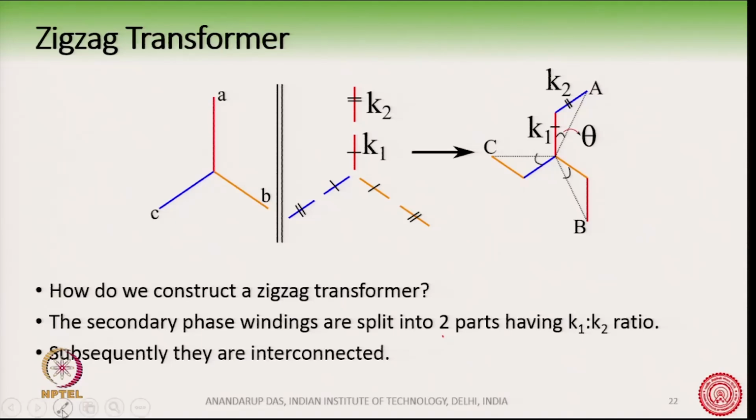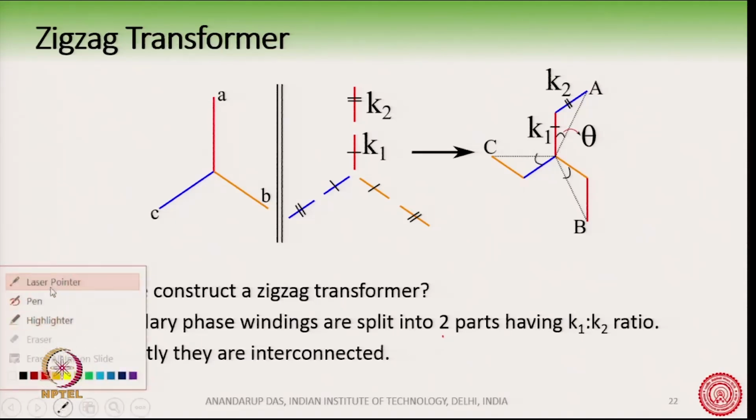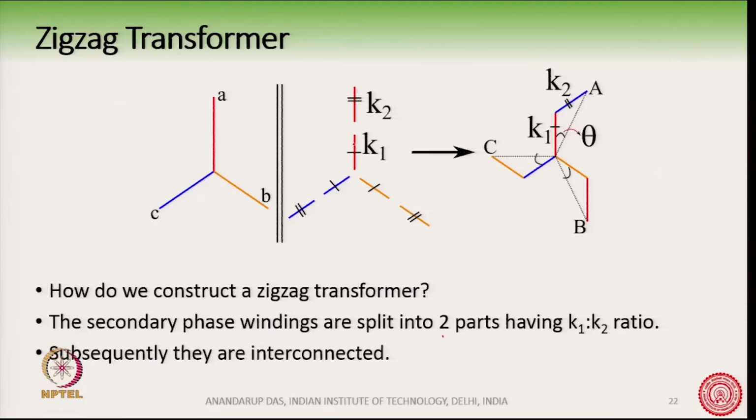See here, we first take this winding K1 and put it here like this, K1.